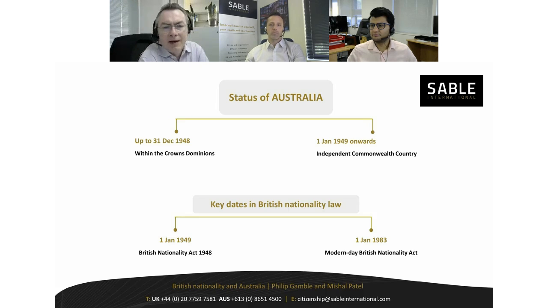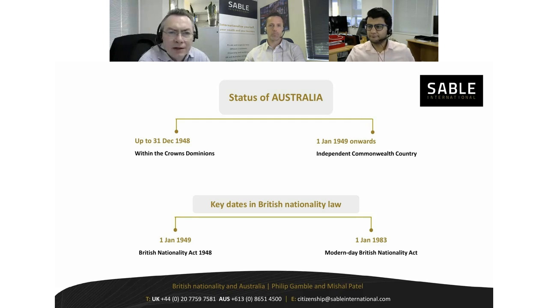And what we do is we look at your family trees and we apply law that was in force at the point certain key dates in the past took place. So this might be the birth of an ancestor, or independence of a territory, possibly marriage of an ancestor, and indeed where your ancestors lived.